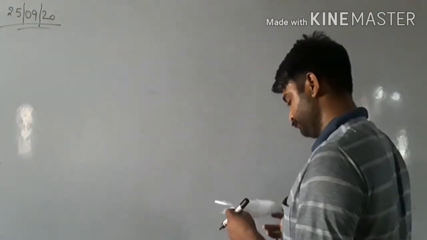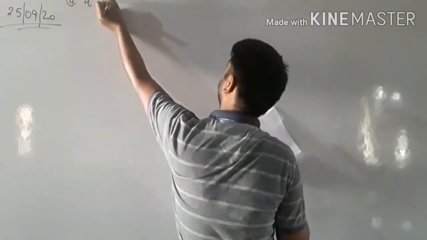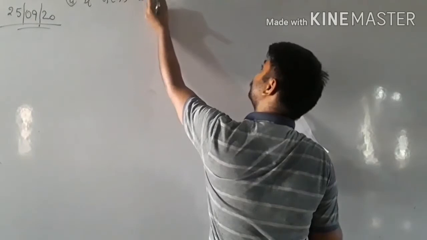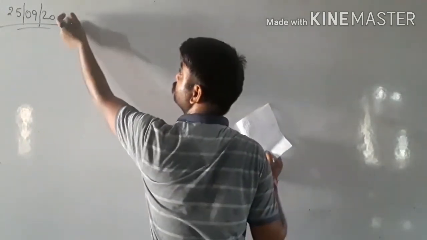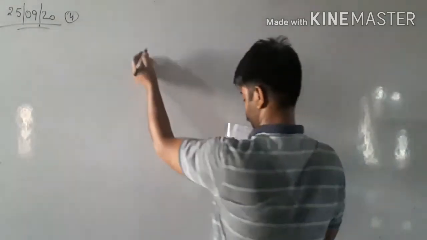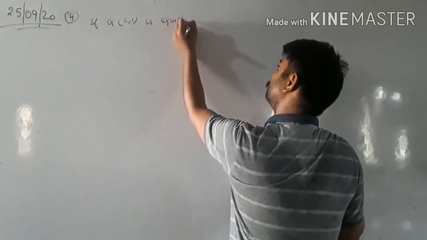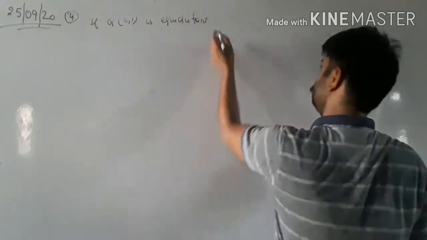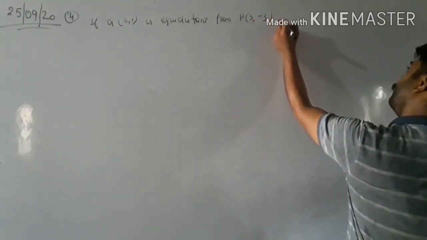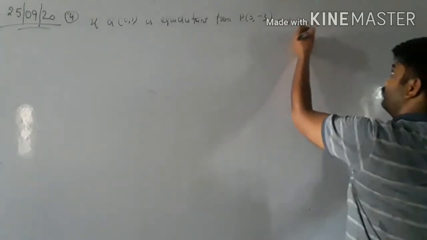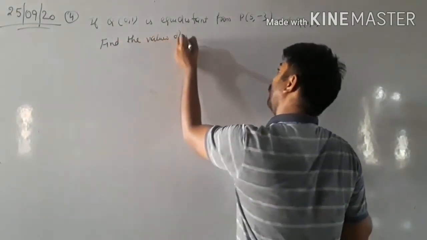Now class, next question, that is question number 4. If Q(0, 1) is equidistant from P, that is (5, -3), and R(x, 6), find the values of x.